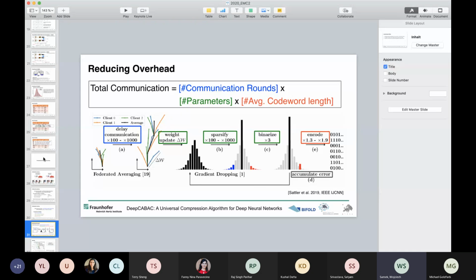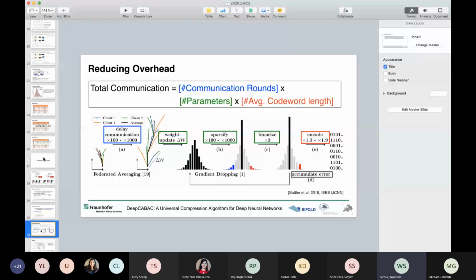You're not communicating every round, but after some delay. This reduces communication overhead by a factor of 100 to 1000. Then of course you are not communicating the full weight matrix, but only the difference with respect to the model which you have.